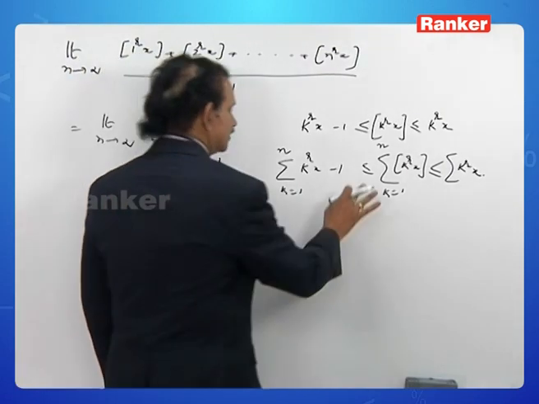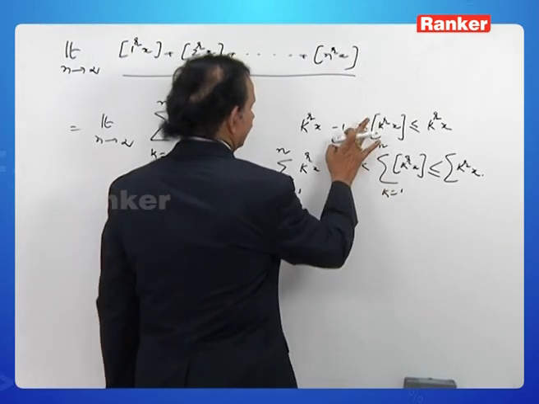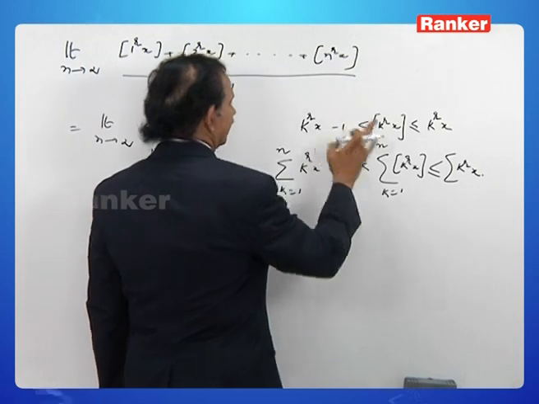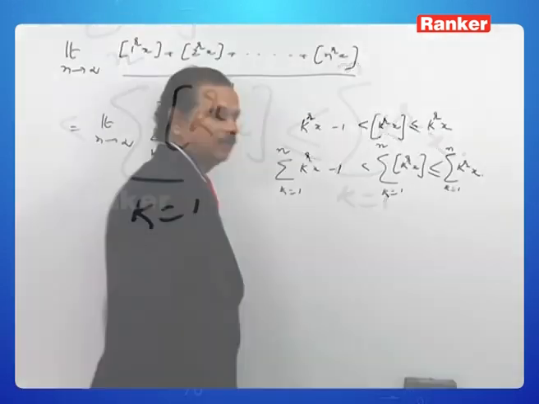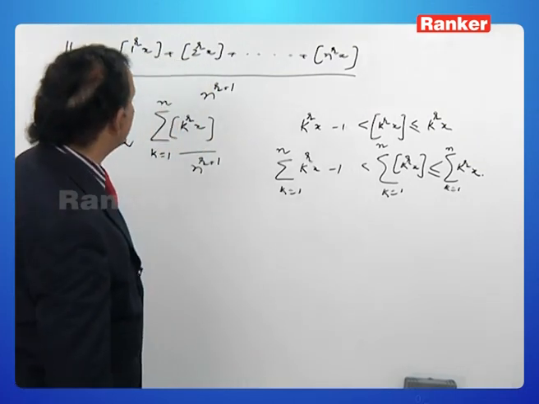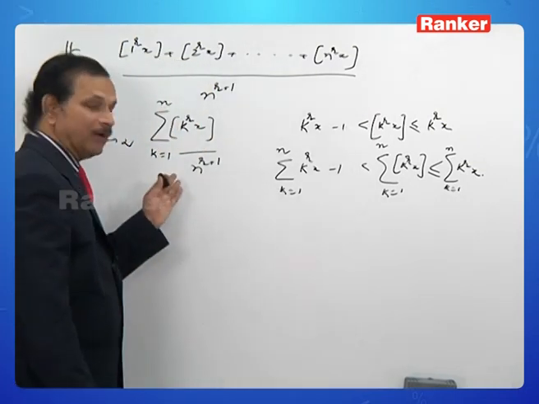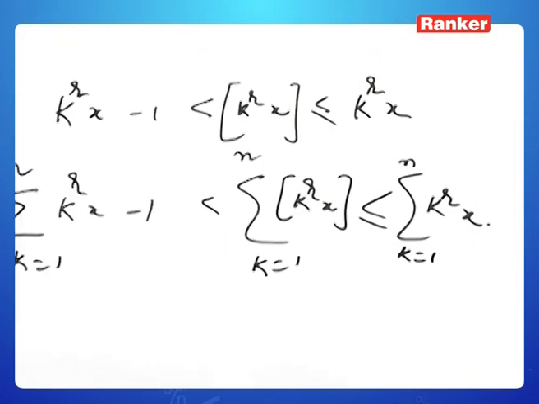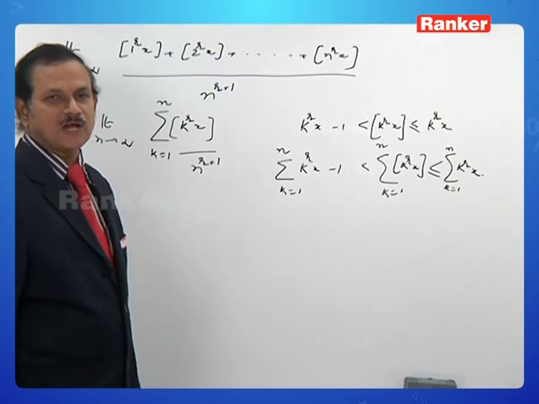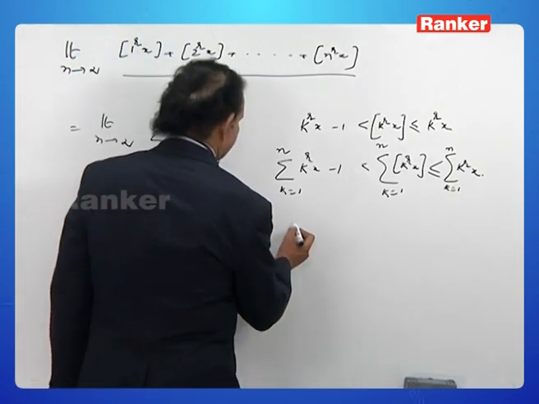Now observe the required limit, which has n power r plus 1 in the denominator. Divide this inequality on all sides by n power r plus 1. What is going to happen?